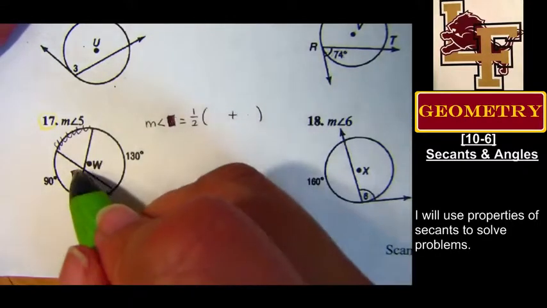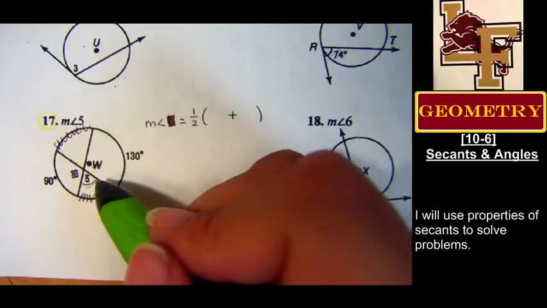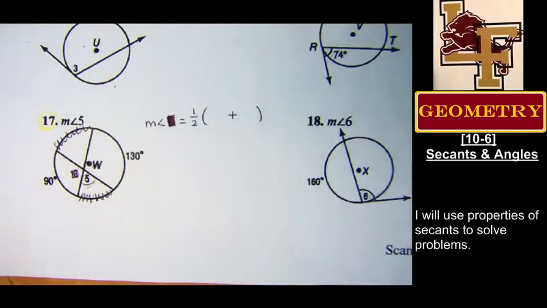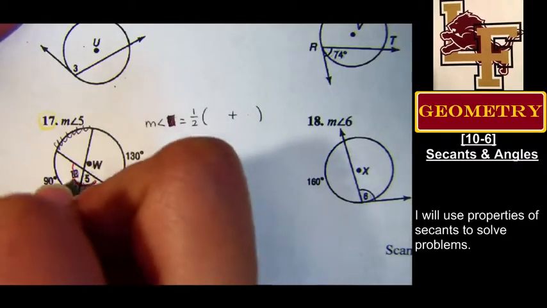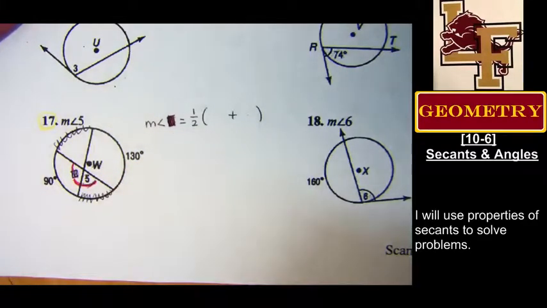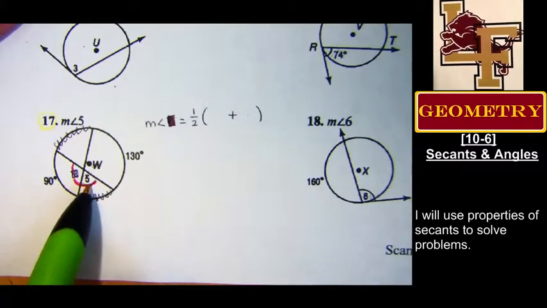So by finding the measure of this angle, or this other one, it allows us to create a linear pair right here. These two added together will be 180. So once I figure out what this piece is, I just remove that from 180 and it gives me this piece.